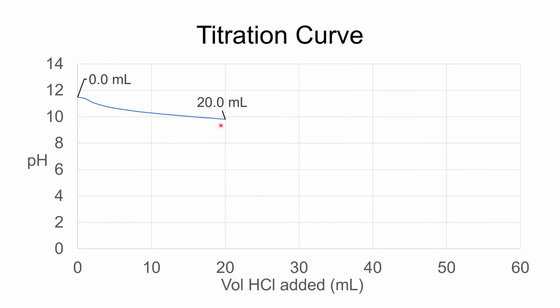All right, so now let's go back. We're going to do part C. On part C, we are going to be almost to the equivalence point. We will still be in the buffer range, but we're almost at the equivalence point.